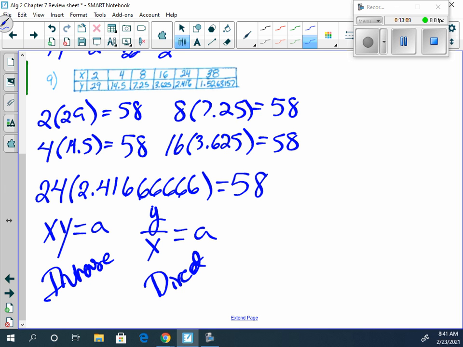And it works out that this is inverse. This last one does work out. It's just really close. I had to approximate it out. So it is inverse. It's just that I couldn't be exact enough to get the exact answer. But these here are an inverse variation. They vary inversely to each other.